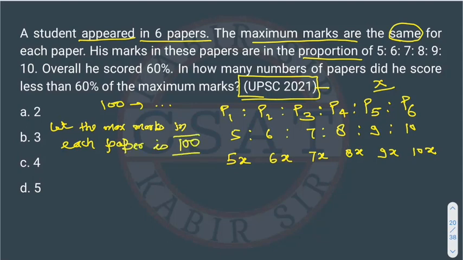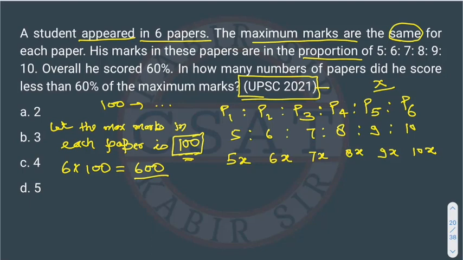Why are we considering 100? Because in percentage the calculation will be easy if we consider a value that is a multiple of 100. You can consider any value, 200, 300. So total subjects are 6 and each subject has 100 marks. So the total marks will be 600. I hope you have understood till here.